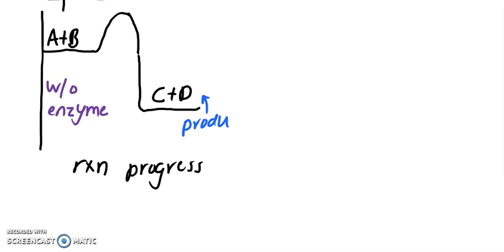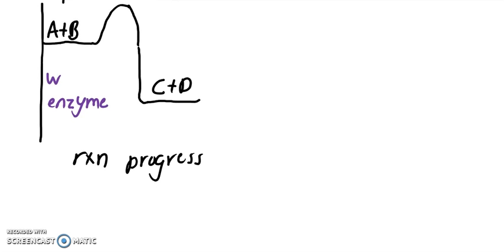Okay, but now this time we are going to have our enzyme. So with enzyme. And again, the y-axis is free energy. We'll just indicate that with a G for free energy.